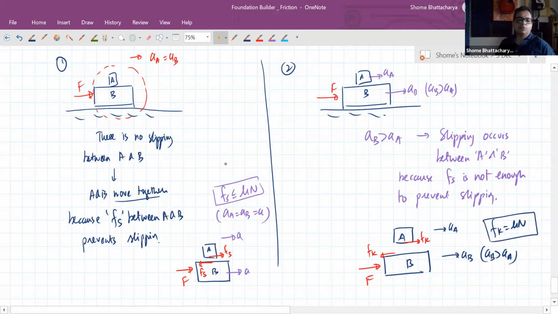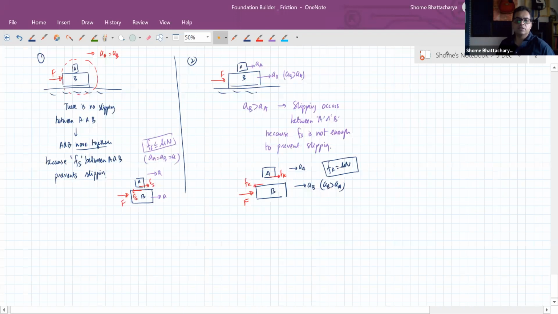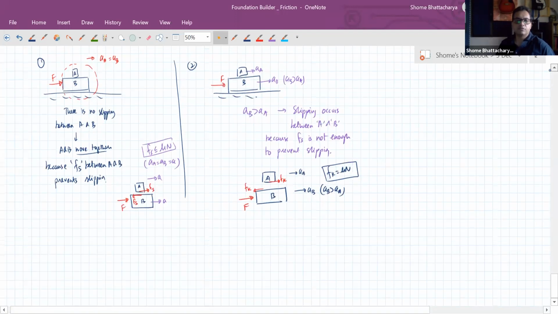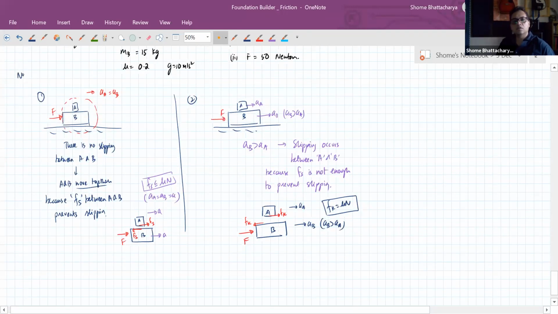Okay. So there are two possibilities. Now again, it depends on the value of F. Which of the two possibilities is occurring depends on the value of F. So basically, depending on F and also maximum friction available, there are two possible situations.